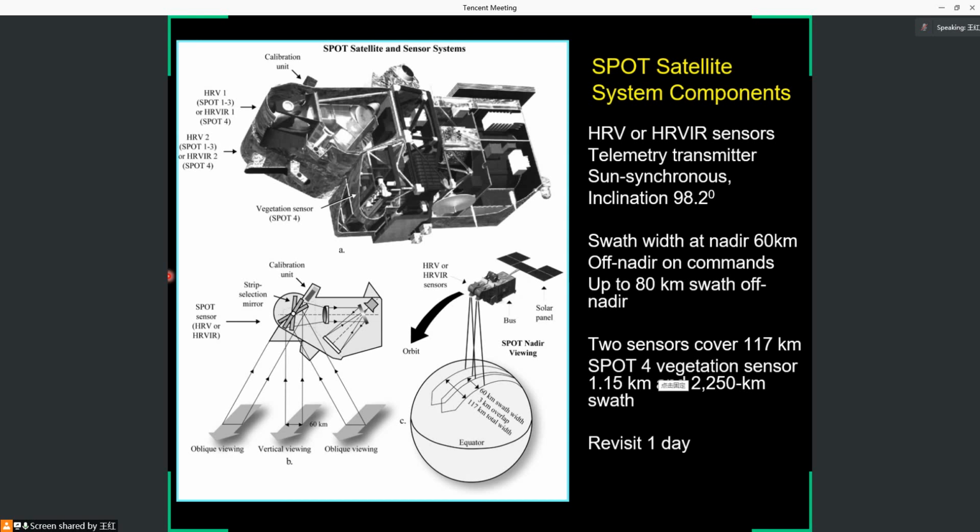So SPOT is not free. You should pay. Now very popular are Landsat and Sentinel. Because radar is maybe more difficult than optical imagery to process.